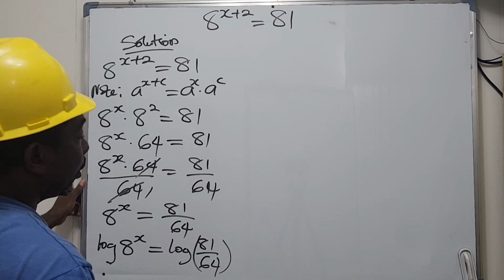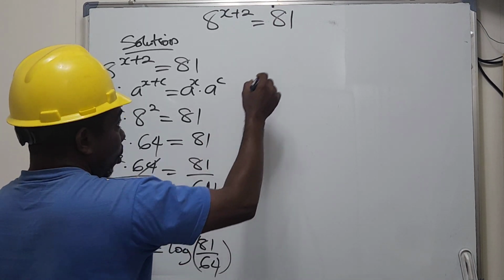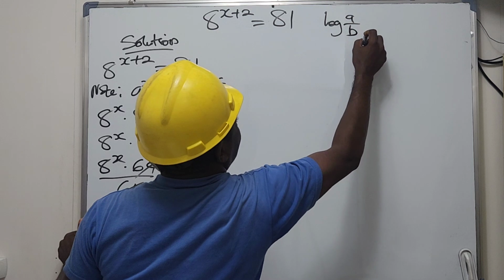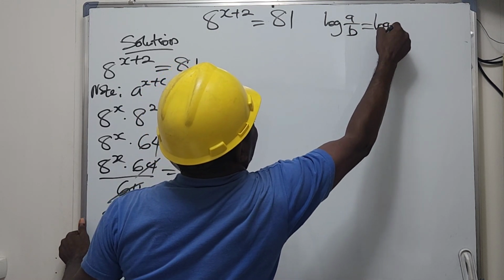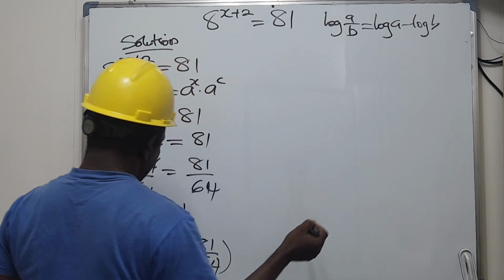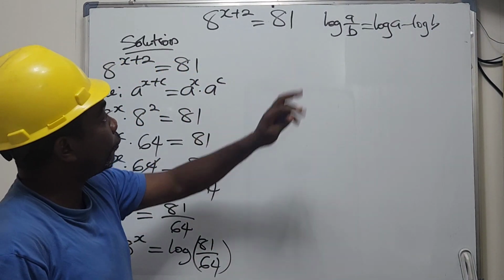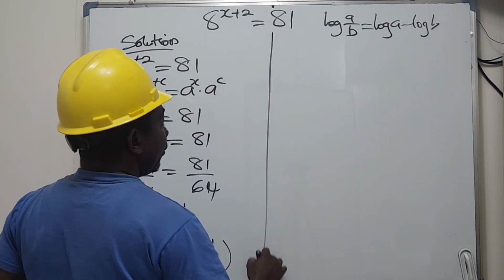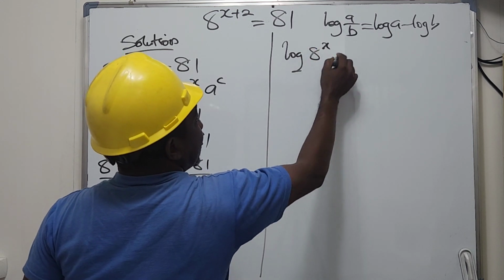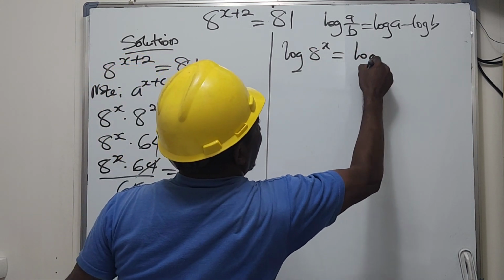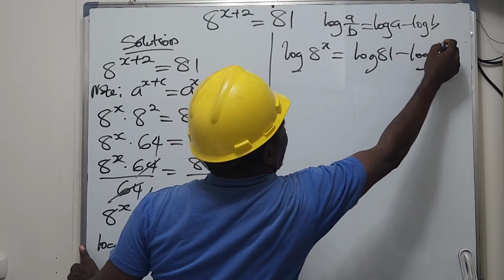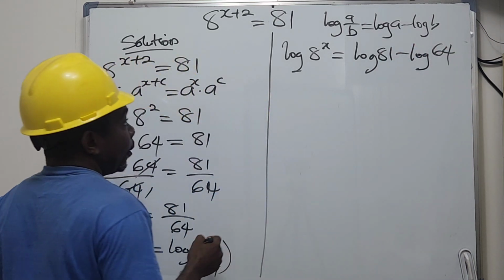So here we recall another law that says log a all over b is the same thing as log a minus log b. So expressing this in that format, we are going to have log 8 to the power of x equals log 81 minus log 64.